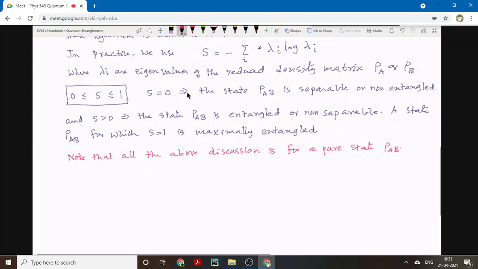Okay, so note that all the above discussion is for the pure state Rho.